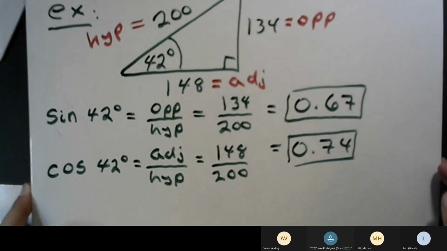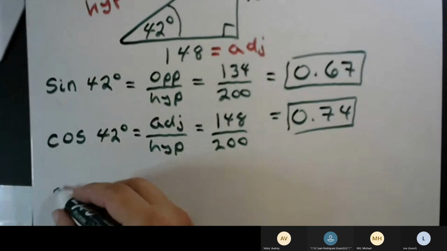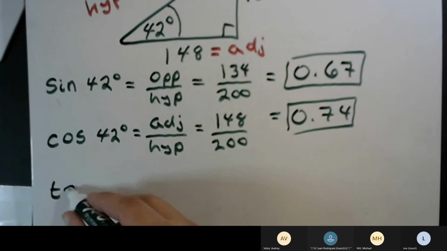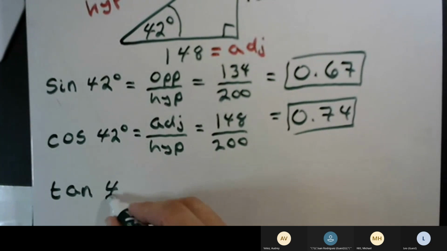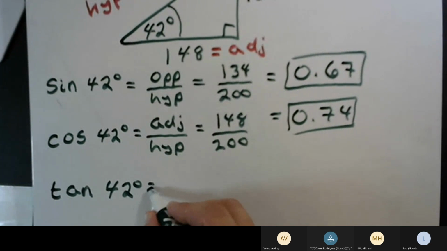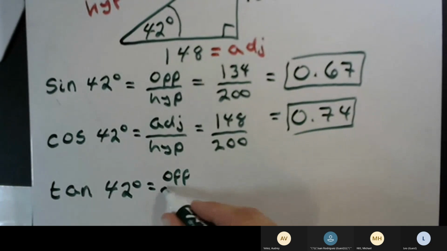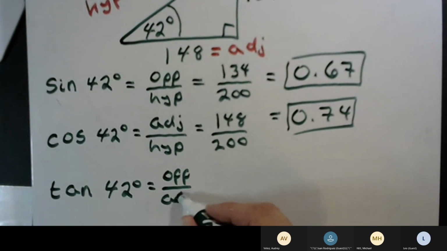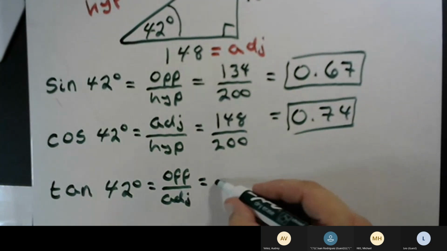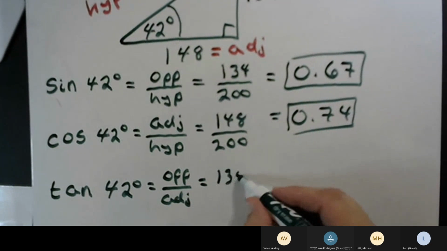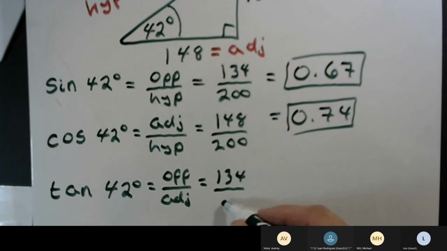Finally, for the tangent, this is opposite over adjacent, or 134 divided by 148.